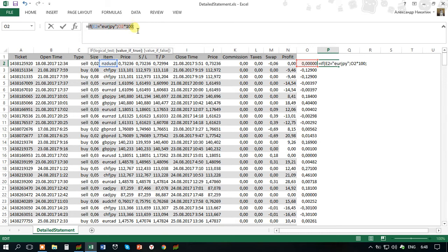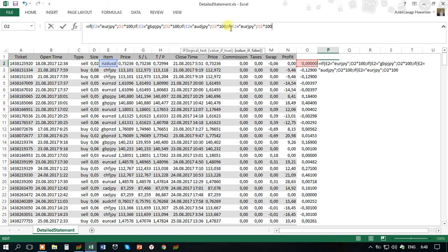Control C. But what if it doesn't equal Euro JPY? Then we should do another if. If it equals GBP JPY, then do the same. Yes? But what if it doesn't equal GBP JPY? Then do another check. Maybe it equals Aussie JPY, AUD JPY. And if not, Control V, check another.